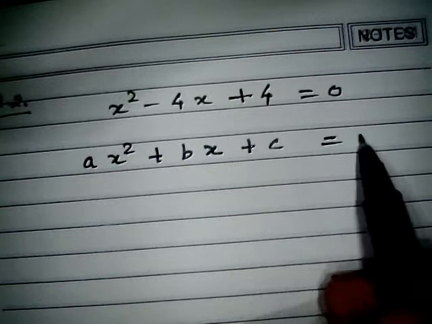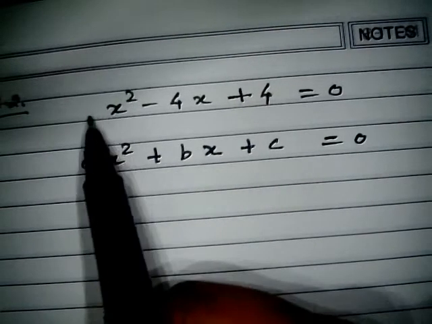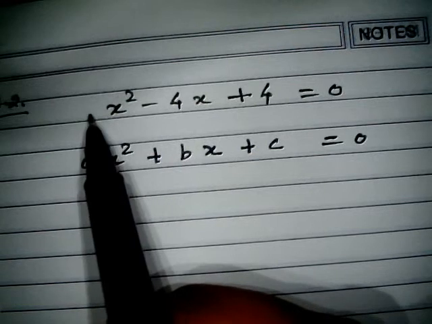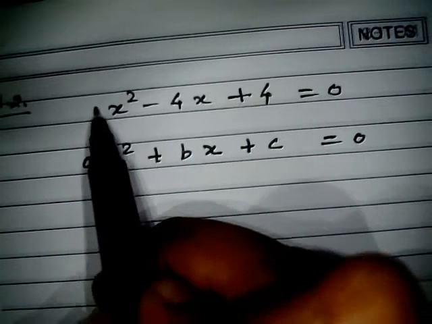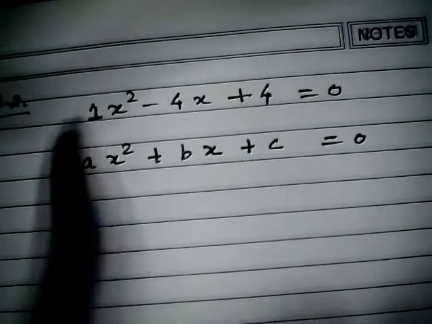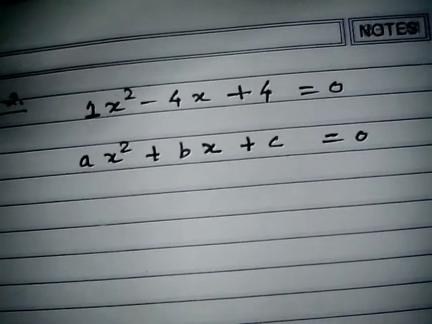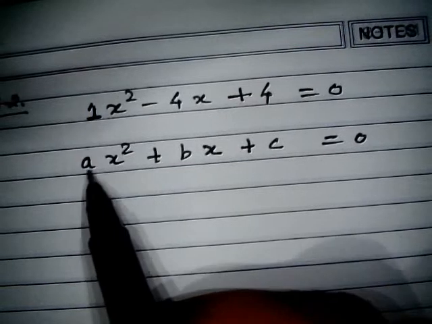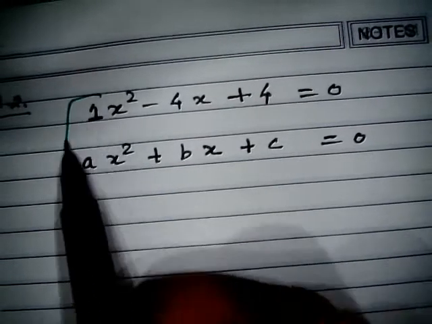0. Over here you can see in front of x square you can't see any number. If there is not any number, it means 1. Okay, now I'm going to compare. Here before x square is 1, here before x square is a, so a value is 1.